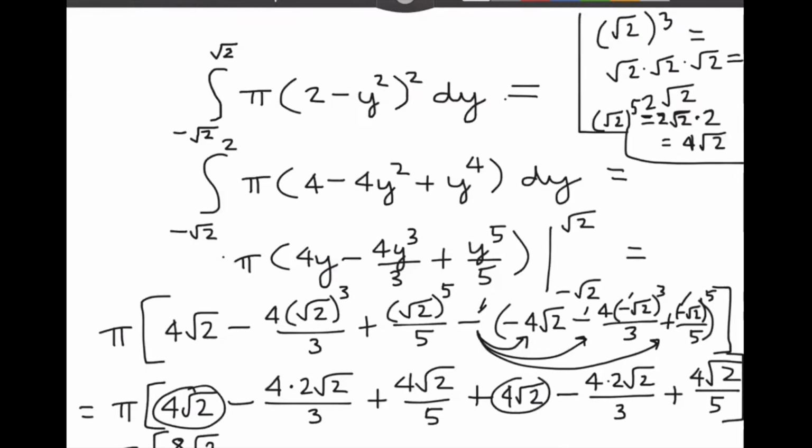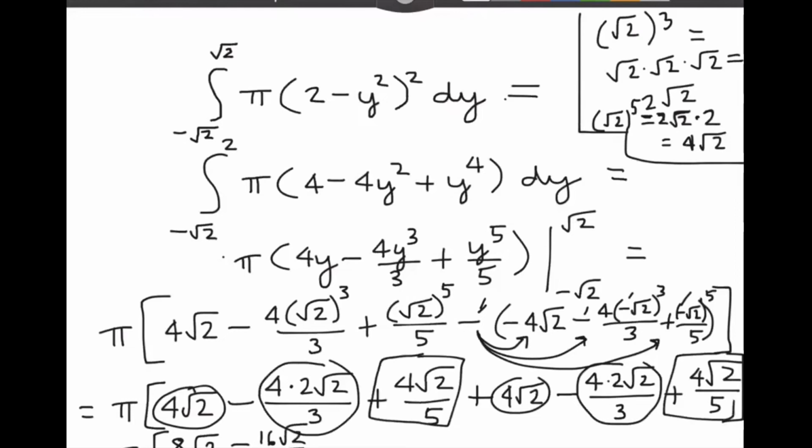This is an 8 root 2 over 3, and this is another 8 root 2 over 3, so that'll be minus 16 root 2 over 3. I'm going to leave a space next to that because I need to get a common denominator there. And then putting these two together gives me 8 root 2 over 5.